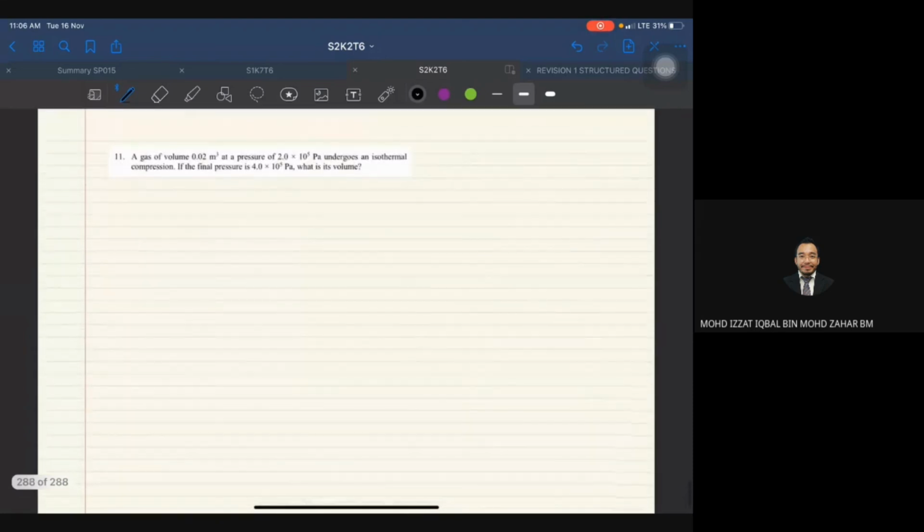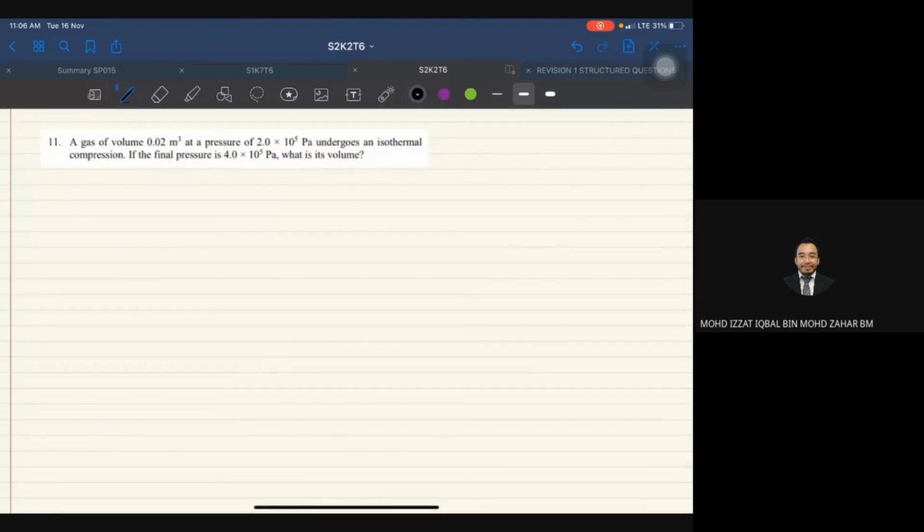Okay, next question. Question number 11. The gas of volume 0.02 meter cube at a pressure of 2 times 10 to the power 5 Pascal undergoes isothermal compression. Again, still isothermal. If the final pressure is, okay, what is its volume? Dia kata there are dua condition.